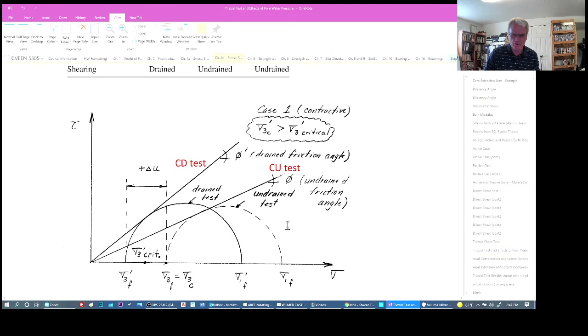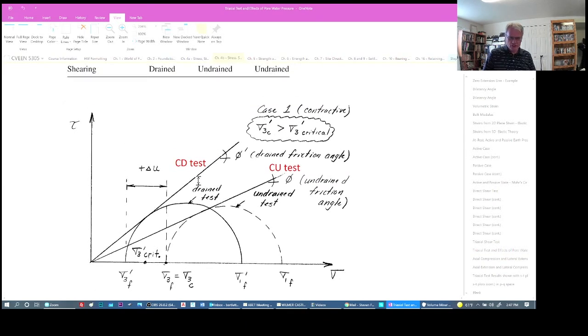Okay, in the undrained test, we do consolidate it, but then we close the drain valve as we apply the deviatoric stress from the piston. We're going to build up pore pressures. So the difference between these two values here at failure is the amount of pore pressure that was generated in the specimen, and the Mohr circle shifts this way, and the undrained failure envelope is below the drained failure envelope.